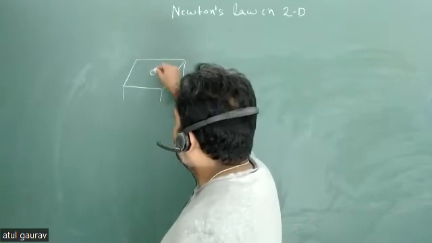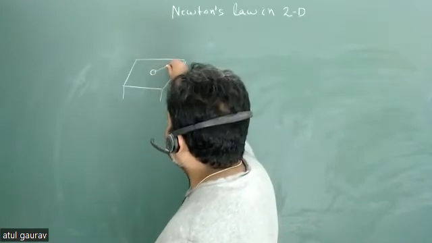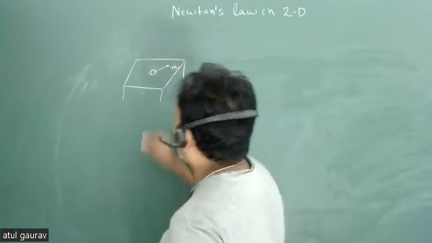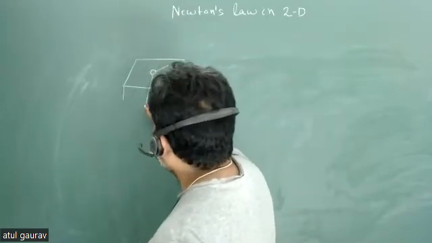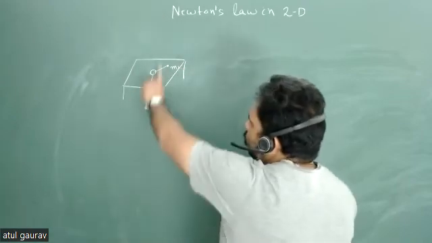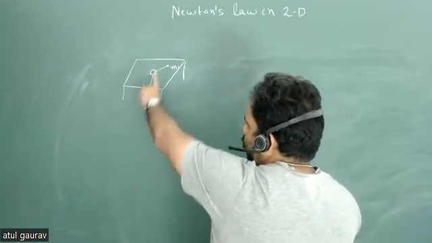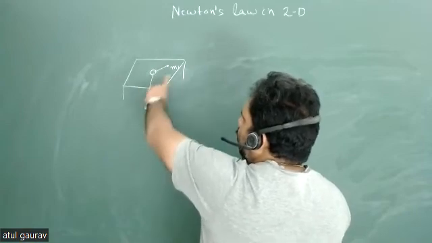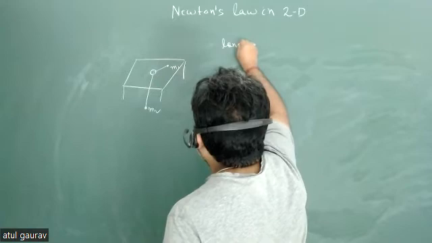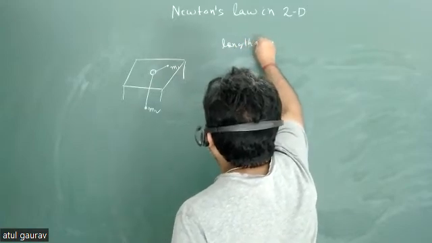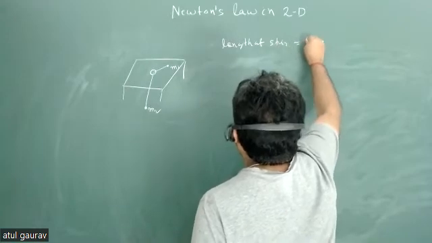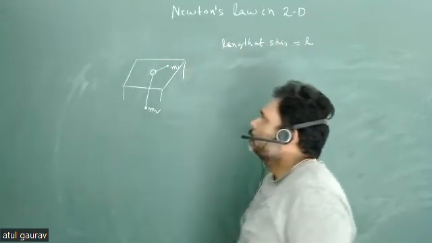So this is a hole and there is a mass m1 constrained to move on the surface of the table, and this mass is m2, which is just going to hang vertically, and the length of the string is equal to L.